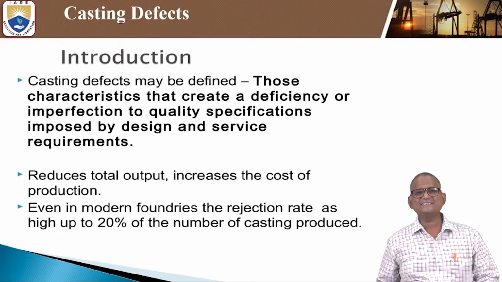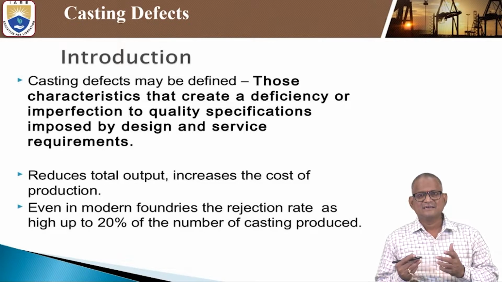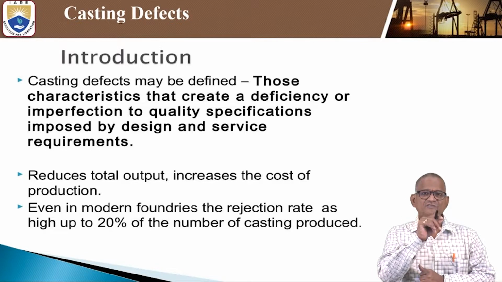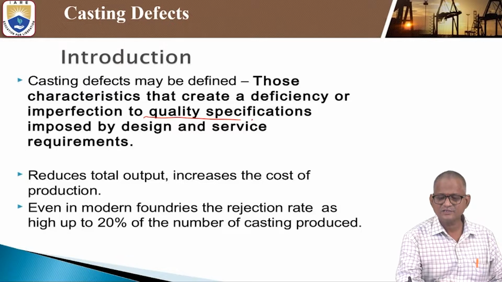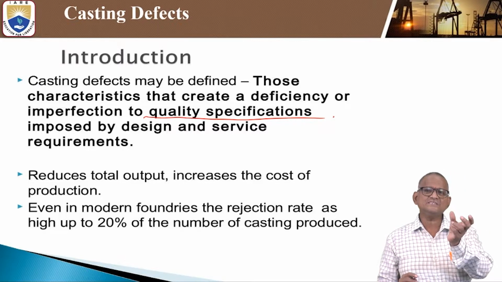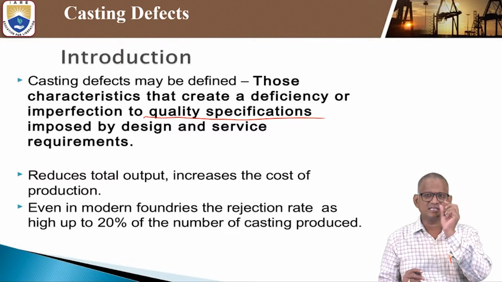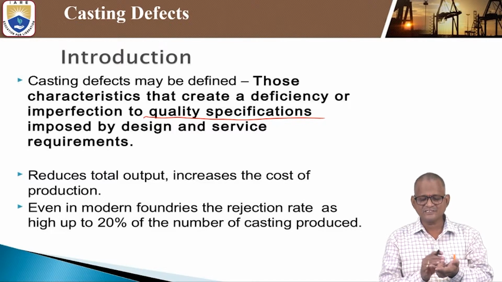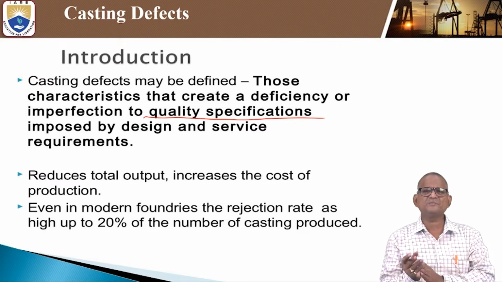Casting defects may be defined as those characteristics that create a deficiency or imperfection to quality specifications. This is very important. Quality means meeting the specification for customer usage. That quality specification is imposed by design or service requirements, pattern making, mold making or molten metal preparation.